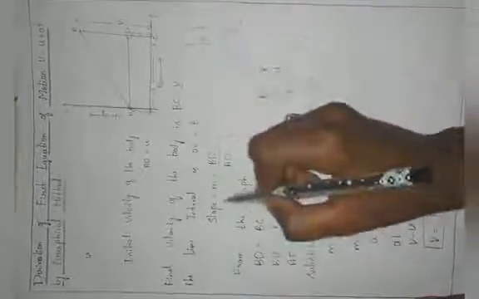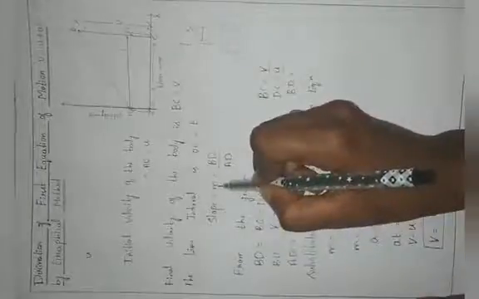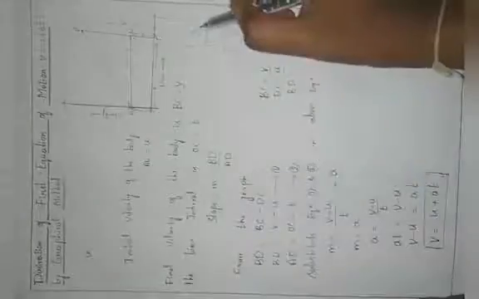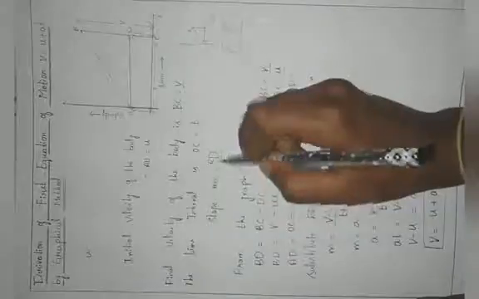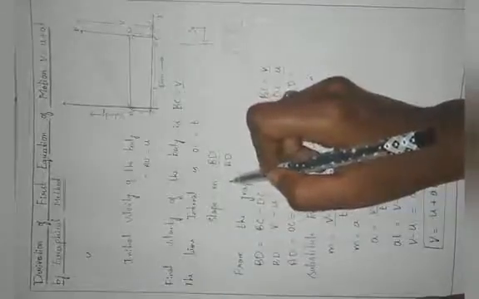Now we'll find out the value of slope. Slope is the ratio of the vertical distance to the horizontal distance in a triangle drawn to the graph. If you draw a triangle below the graph, the ratio of vertical distance to horizontal distance will give you the slope of the graph.